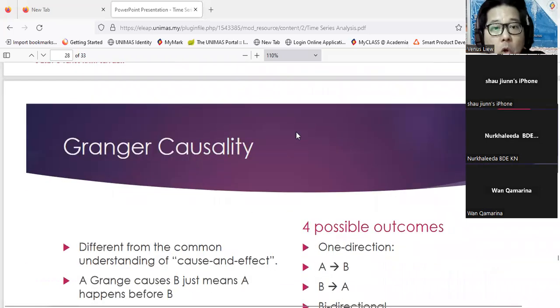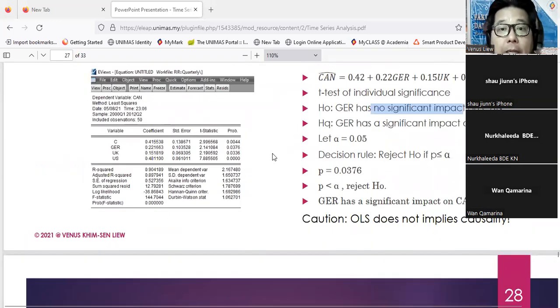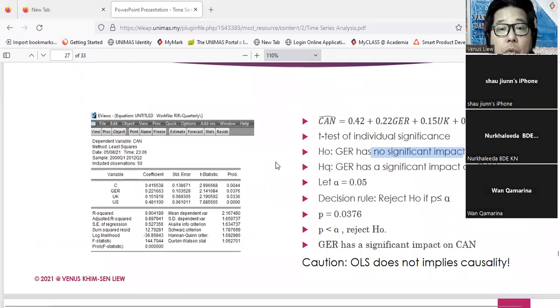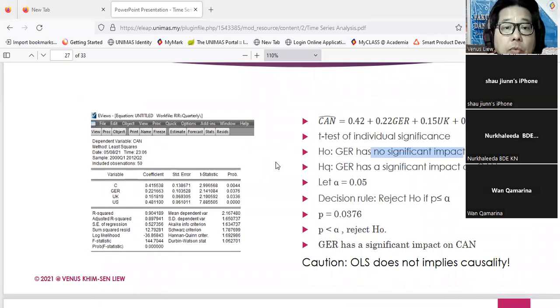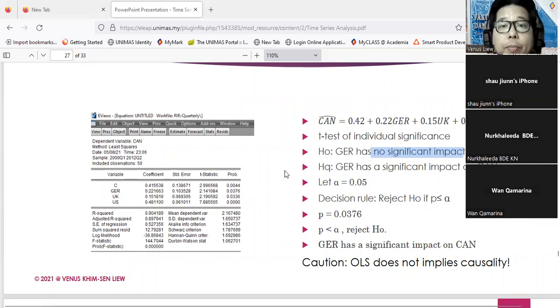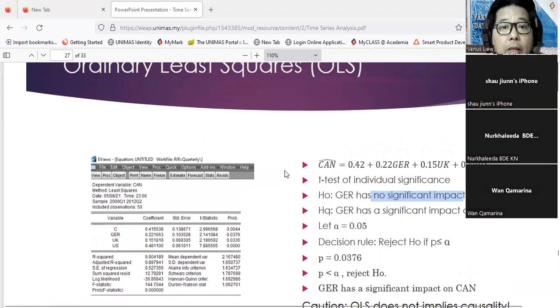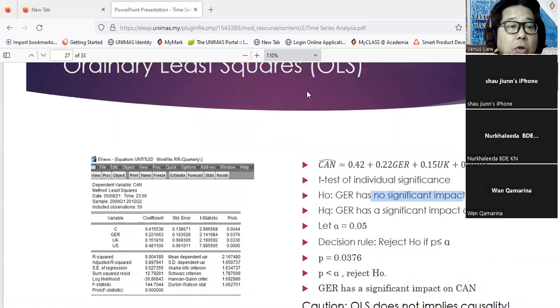Okay, so there is more about this ordinary least square. When you want to do that, you will have to study more detail. For example, one aspect that you should take care of is, as we said, this ordinary least square, you can use it for time series data, you can use it for cross-sectional data, no problem. But you have to look at your variable.